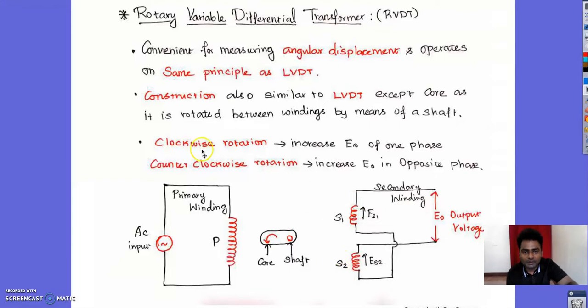When the core is rotating in a clockwise direction, there will be an increase in the output voltage of one phase. And when the core is rotating in an anti-clockwise or counterclockwise direction, there will be an increase in E naught in the opposite direction. That is, the value will be negative. That is what it is meant to say. And this is the rotary variable differential transformer. Otherwise, the principle and operation are similar to that of your LVDT.